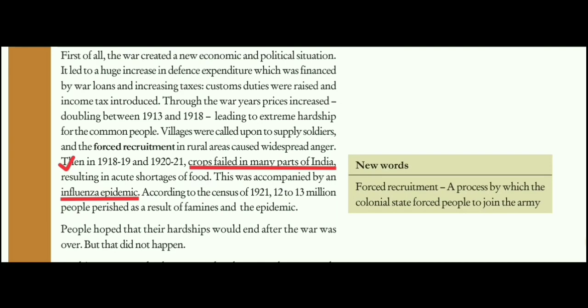This was accompanied by an influenza epidemic, and on top of it what happened, there was an epidemic spreading in the name of influenza. So people are dying because of hunger, and now furthermore people are dying because of influenza. At that time even small diseases were not treated properly. There was a lack of technology, lack of scientific research on these diseases.